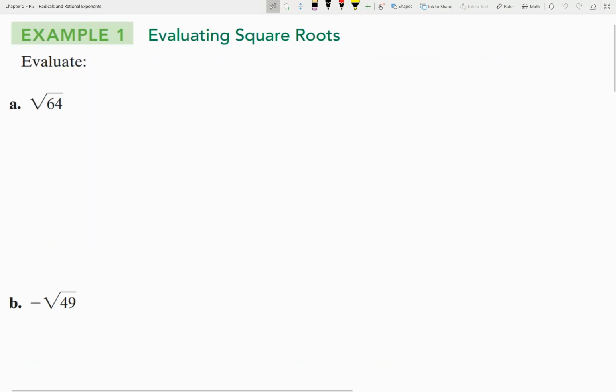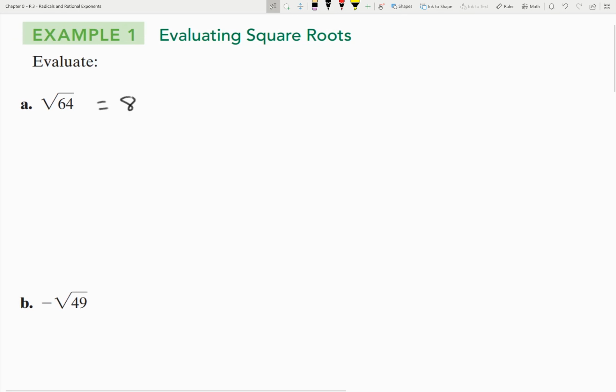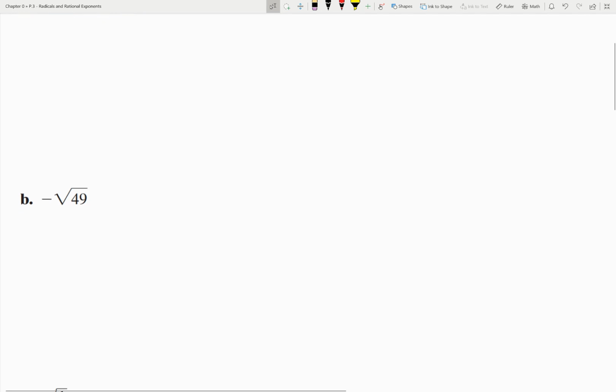So let's calculate some square roots. These should be fairly simple. Square root of 64, we're asking what times what is equal to 64. That is going to be equal to 8, and not negative 8, not plus or minus 8, just 8. As opposed to b, which would be negative 7, because there is a negative in the front of that.